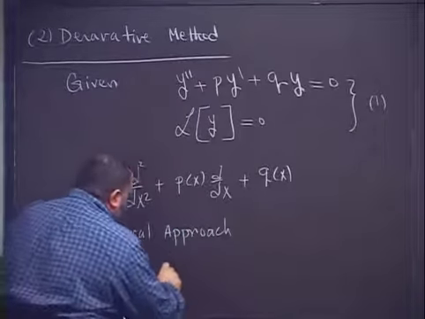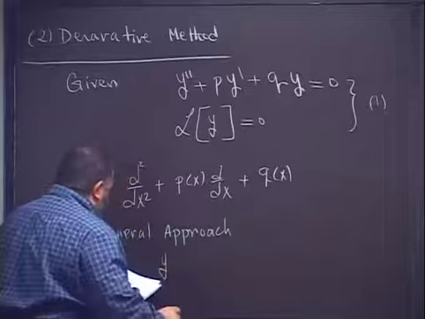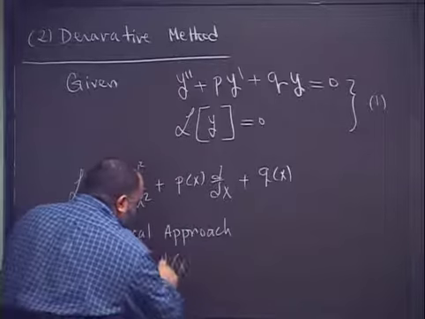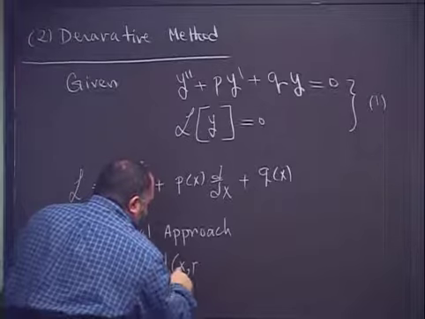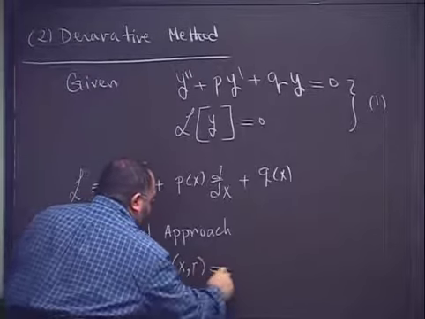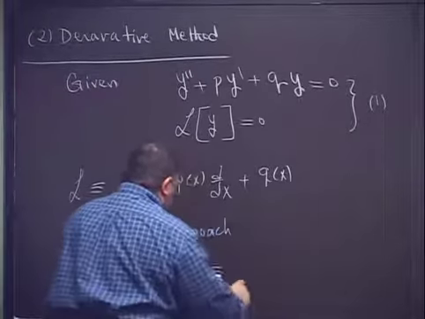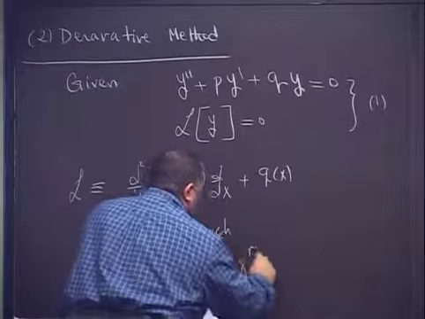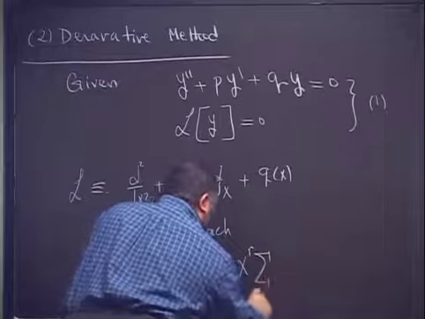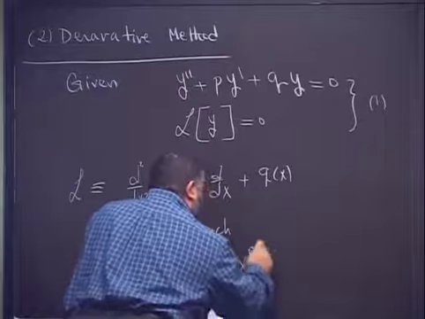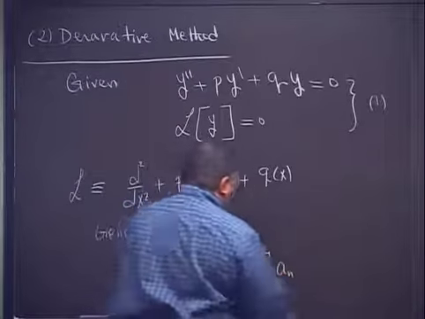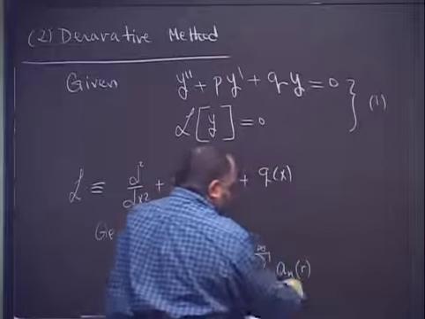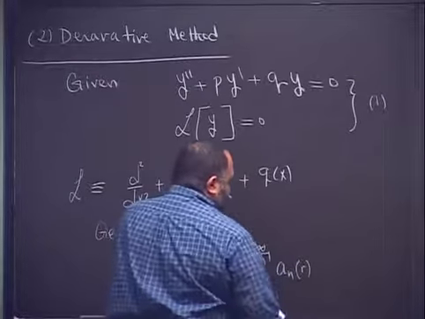So our general approach from the beginning was to substitute with a function y of x and r equal to x to the power of r summation from n equals 0 to infinity of an, and we note that an is also a function of r.